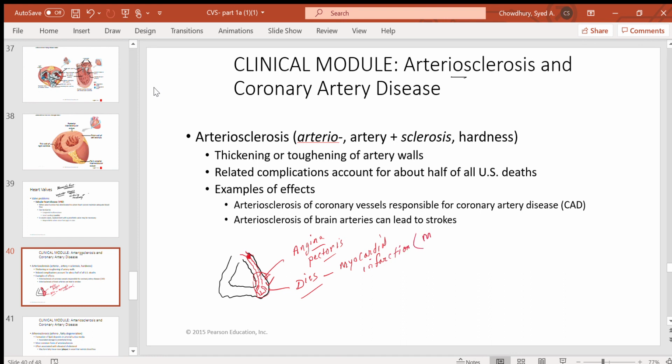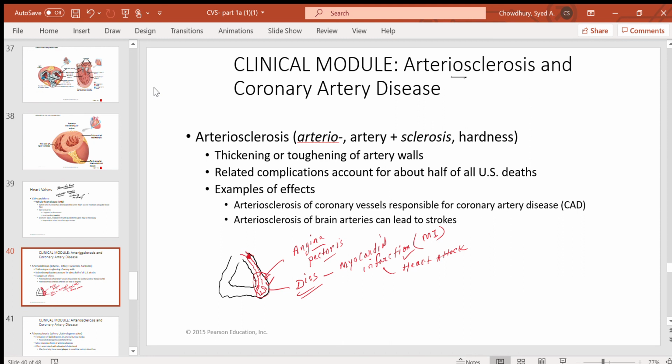Commonly, clinicians use MI, myocardial infarction, which is also more commonly known as heart attack. Makes sense, right? If the tissue dies, scar tissue is formed later, and that is MI. If the MI is big, if a large coronary artery is blocked, then the heart attack will be more serious and the patient may die immediately. Okay, but angina pectoris is not complete blockage.